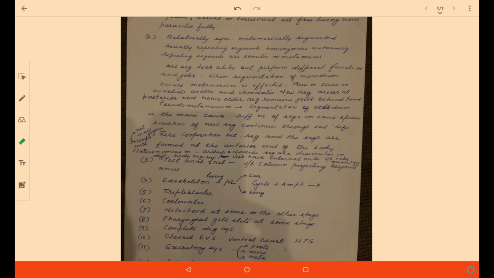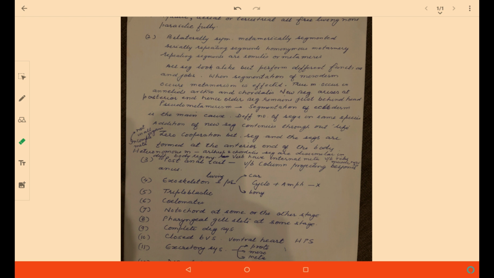The true segmentation involves segmentation of mesoderm. True segmentation occurs in annelids, arthropods, and chordates, where the new segment arises at the posterior end. Hence, the old segments remain just behind the head, whereas the newest one, they are distally placed in the body.